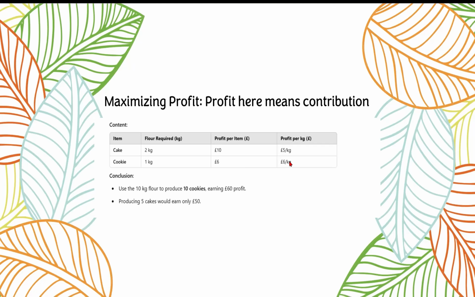Since cookie is giving the maximum contribution, we will produce the cookie. If we use 10 kg of flour to produce the cookie, we will earn $60 profit and we will get 10 cookies. But if we produce the cake, we will only get 5 cakes and we will only earn $50 profit. That's why we have chosen the cookie for production.